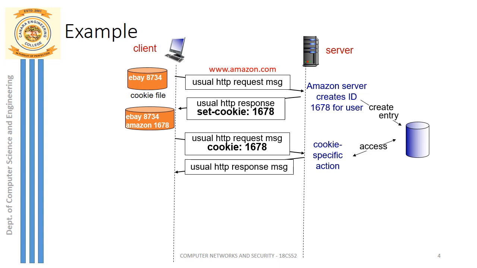Now the client will create an entry in the client cookie file, which is maintained by the browser. You can see that there are 2 entries in the cookie file, one for eBay and another for Amazon with the ID sent from the server.